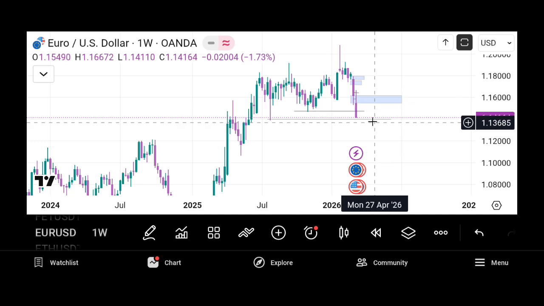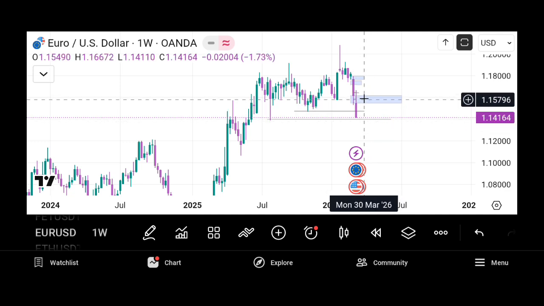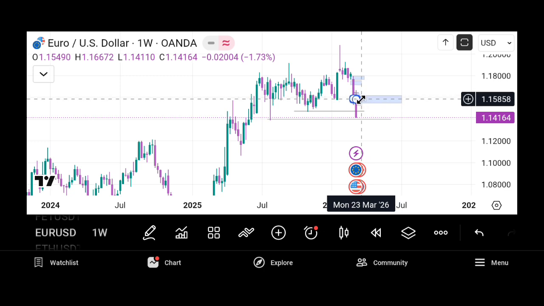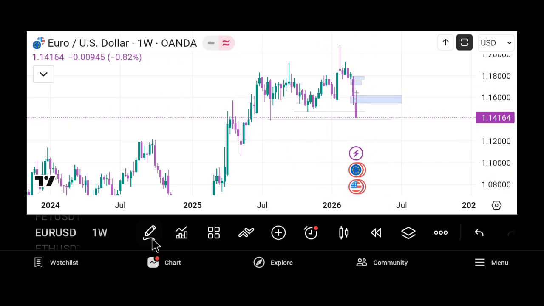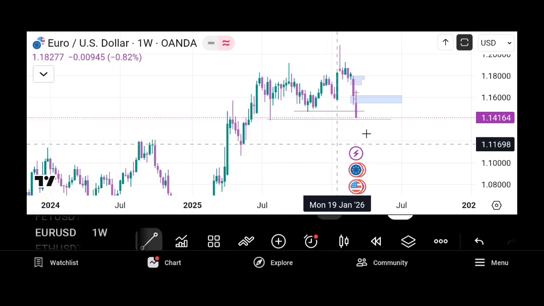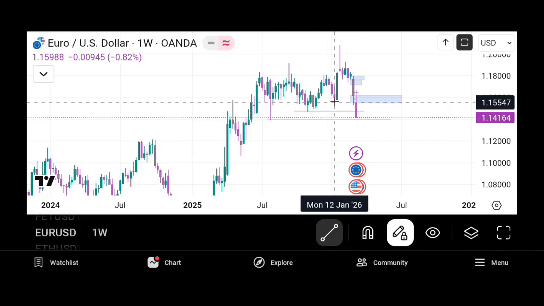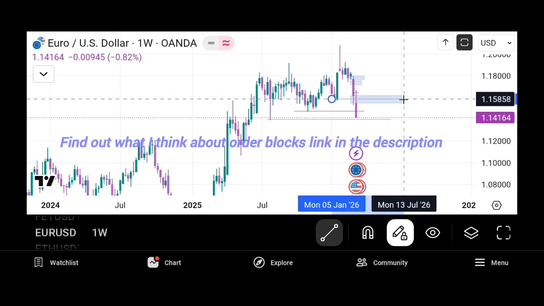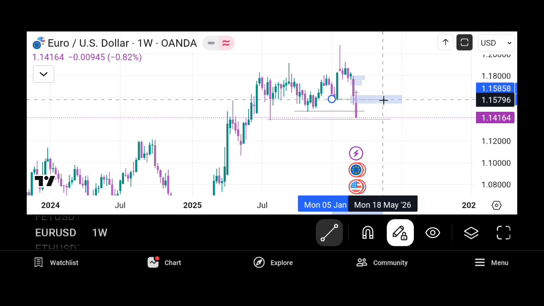or you should get a bit of a buy into this volume imbalance, which is into that gap. And right into the gap we have this weekly order block.